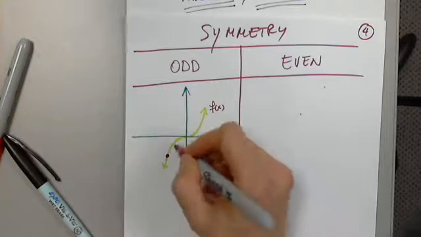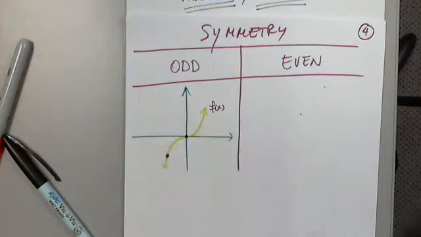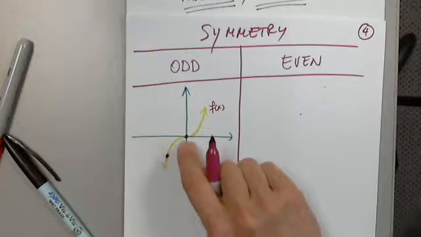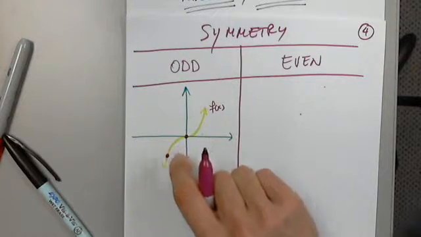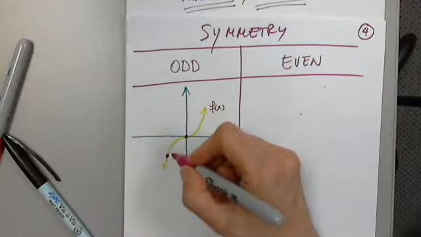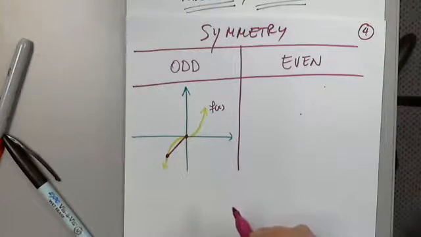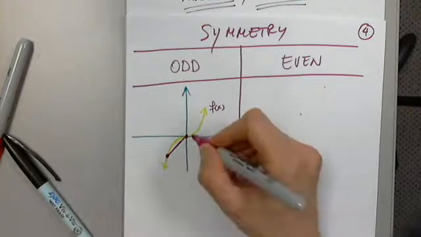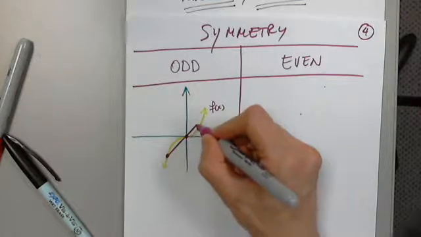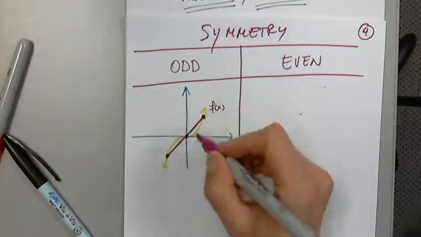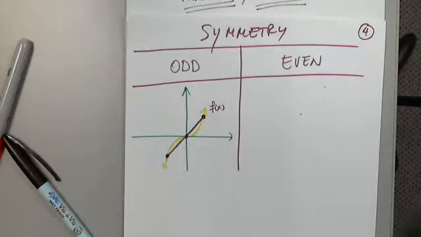I'm going to connect this point to the origin using a line segment, but I'm going to extend the line segment to the other side. So I connected a point that I picked and the origin, and now I'm extending this line to the other side till it crosses the function again.